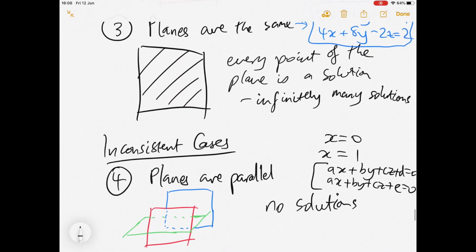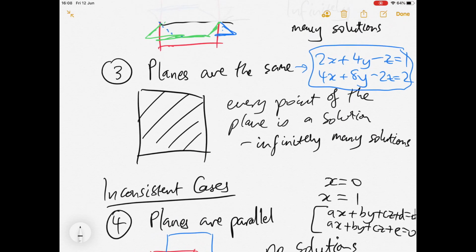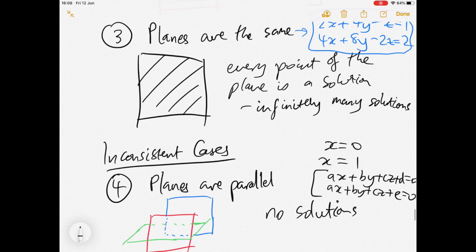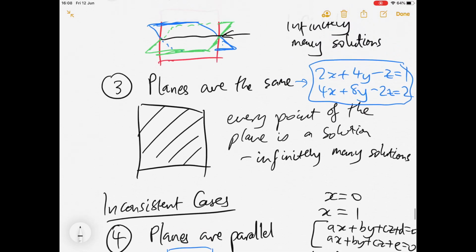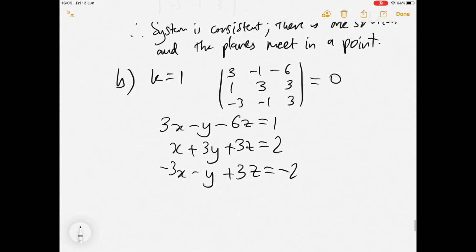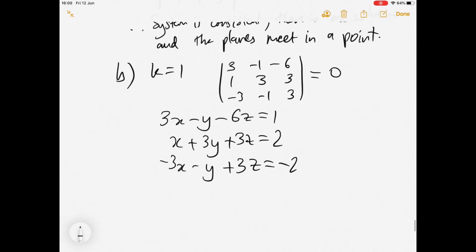So a sensible thing to think about might be, are any of the planes parallel? Are any of the planes the same? And if not, that eliminates cases 3 and 4. So then we don't have much left. So we'll just start by looking, are any of them parallel? Probably doesn't take too much thinking about to see no, they're not. None of them are parallel. So we couldn't possibly be in those cases.